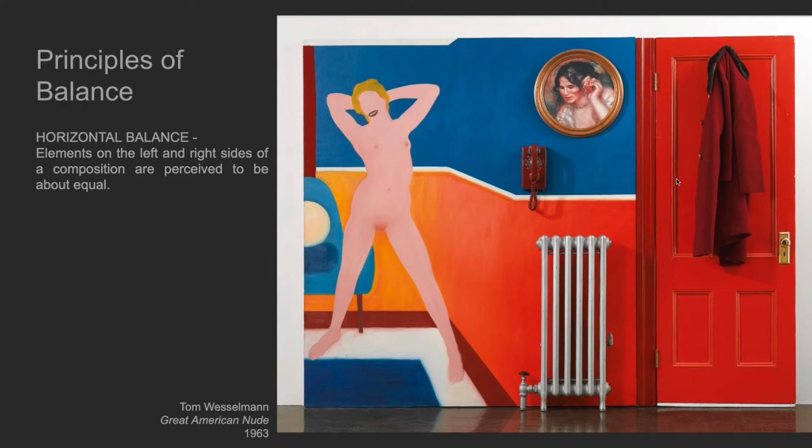It doesn't have to be the same, but if you look at this as a whole, the left side is about balanced with the same size as the right side. This is horizontal balance. Horizontal balance is left and right. And you might find this confusing because there is a dividing line that goes up and down, but because it is balanced on the left and on the right, that is horizontal balance.